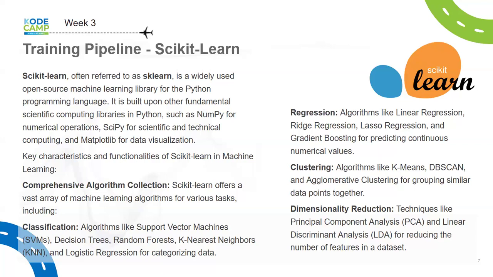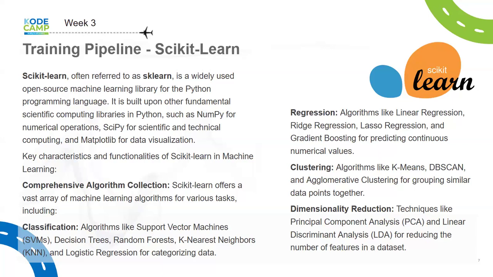Yes, sklearn can actually do a bit of neural networks, but it's not as good as the other ones like PyTorch, TensorFlow, JAX, and all the rest. So a lot of people use sklearn for basic stuff in the machine learning area.